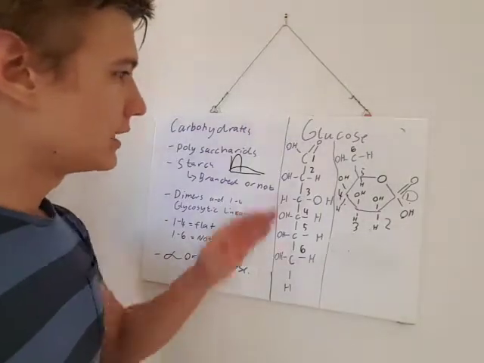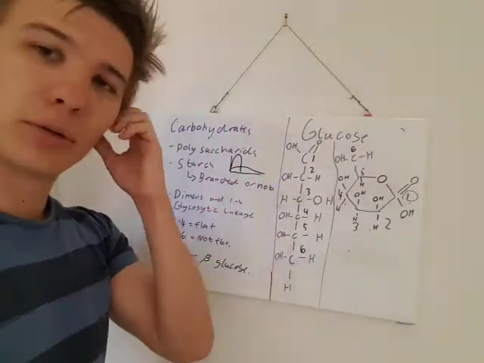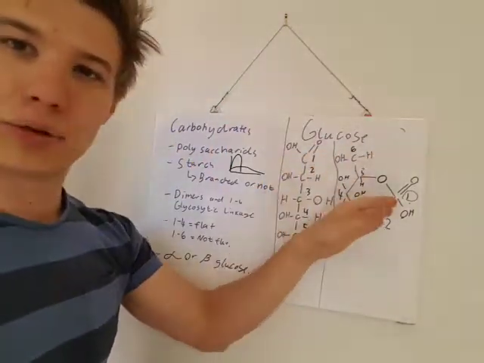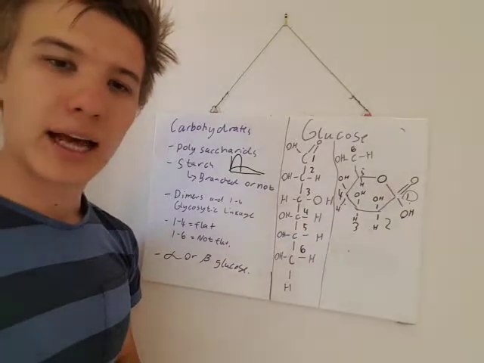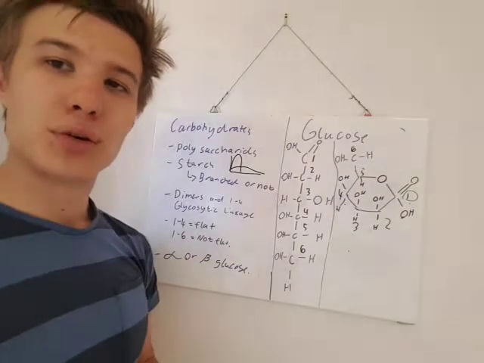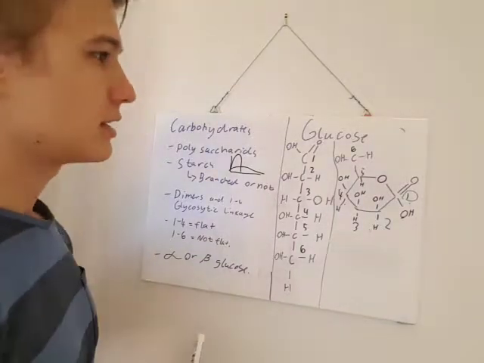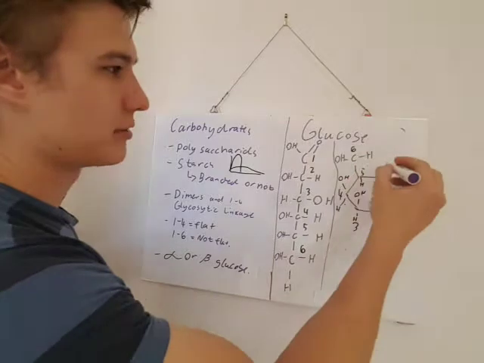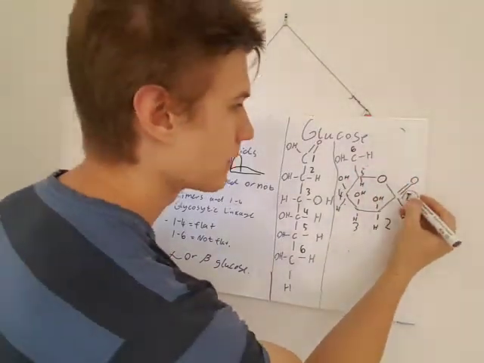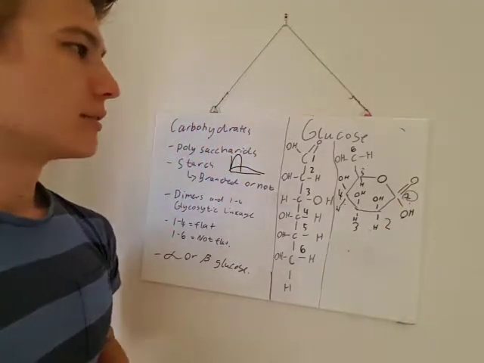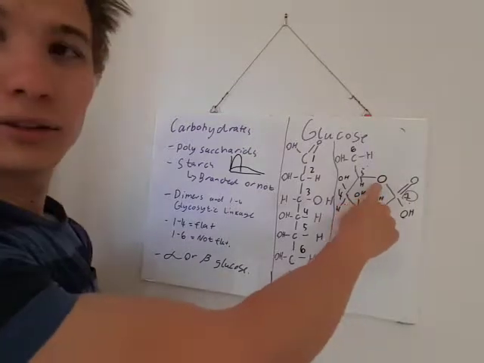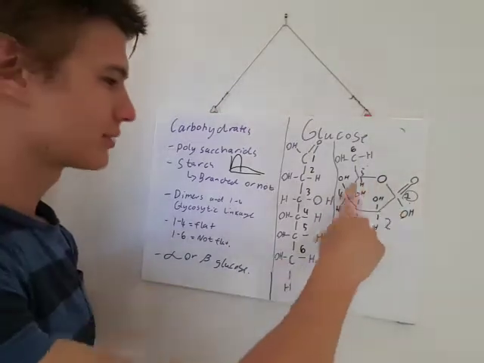The linear form of glucose is what we find in solid format, and the circular form is what we find in aqueous solutions. The important thing to note about these two configurations is that you have the fifth carbon linking to the first carbon. That's a 1. Right, the fifth carbon linking to the first carbon via, you guessed it, a dehydration reaction.